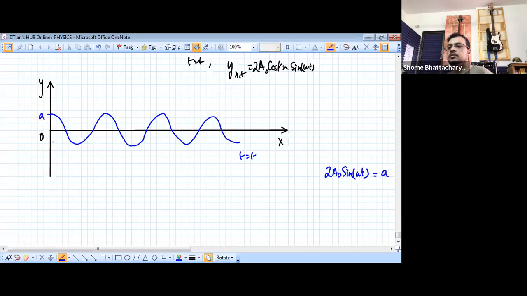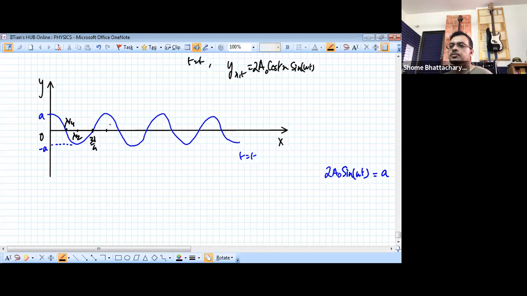Let's call that value c. The graph is varying between minus c and plus c. Also, you can see that it's basically a cos kx graph. So this point will be corresponding to where kx is pi by 2. So that means x is lambda by 4. This point will correspond to where kx is pi. So x will be lambda by 2. This point will correspond to where kx is 3 pi by 2. So x is 3 lambda by 4.